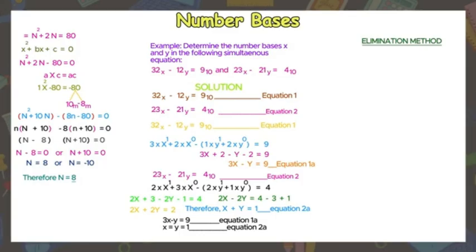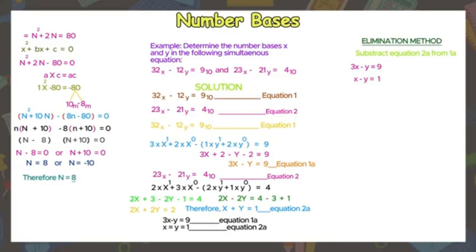What is the interpretation of that? That means 3x minus y equals 9, which is equation 1a. Then we have x minus y, which is equation 2a.